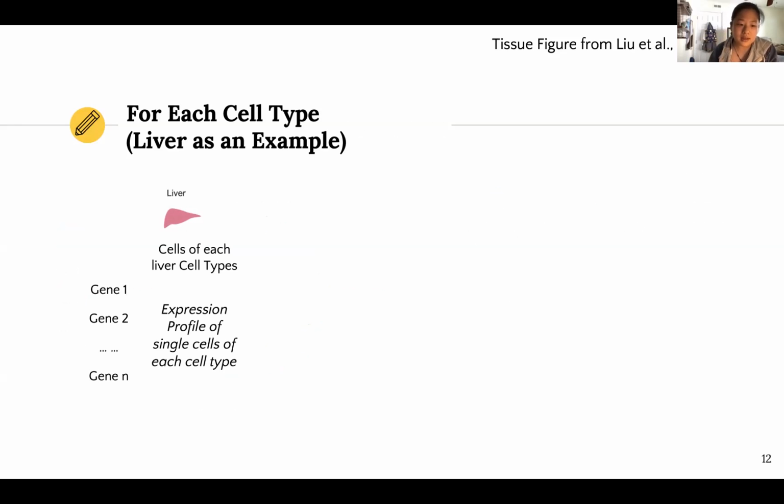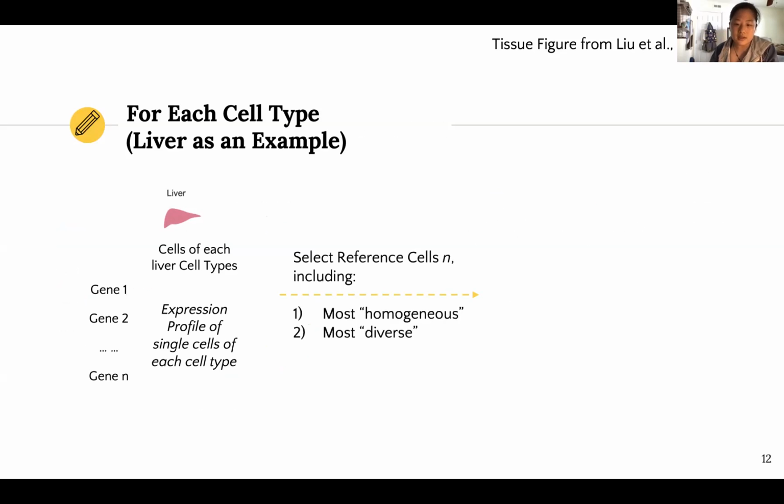From each cell type of the liver, we will select n different reference cells. The default here is 90 cells, so we choose 90 cells based on a previous evaluation of different cell numbers for performance. Then in these n different reference cells, we will choose half of them to be the most homogeneous cells and half as the most diverse cells.